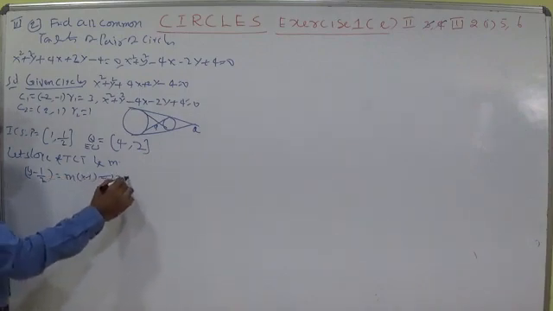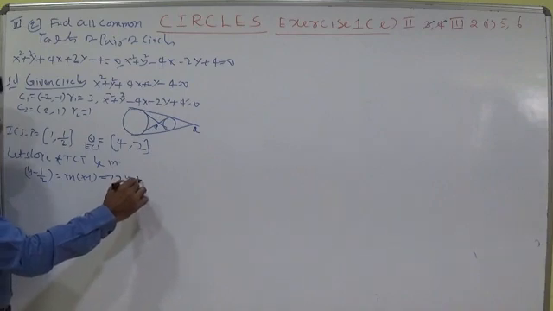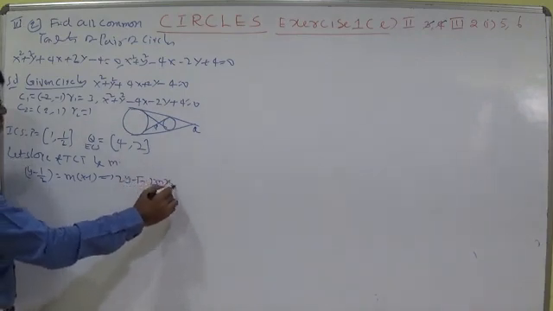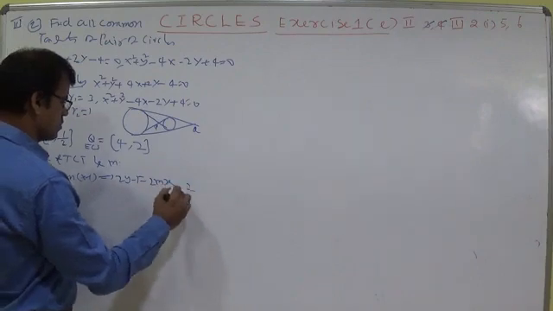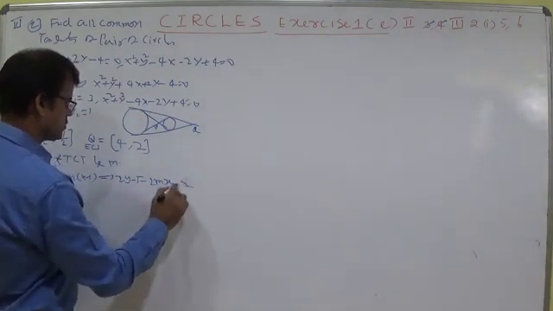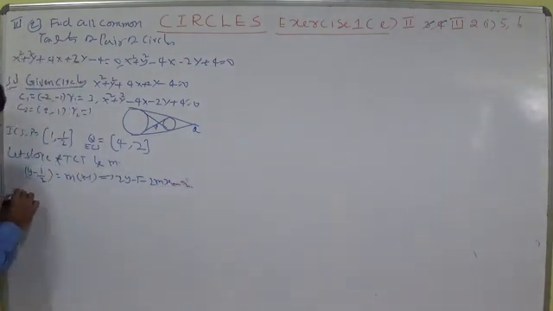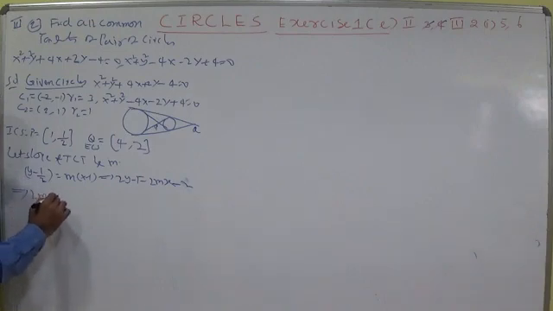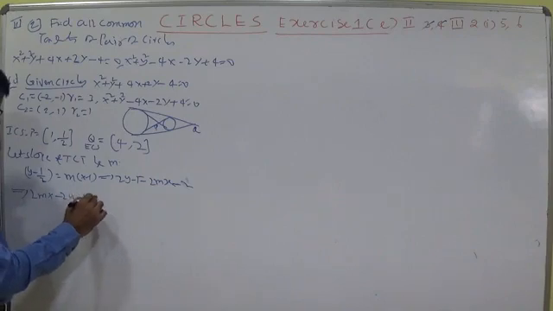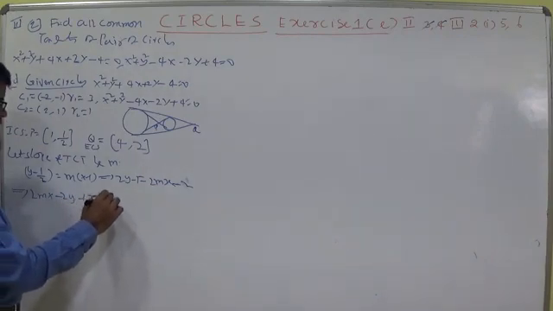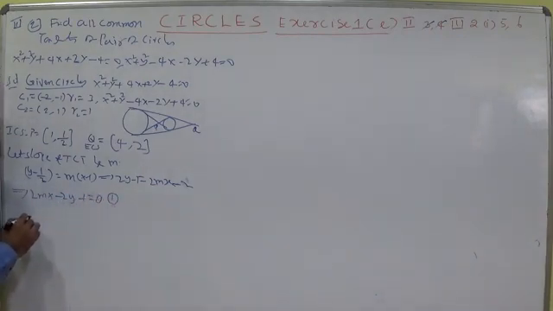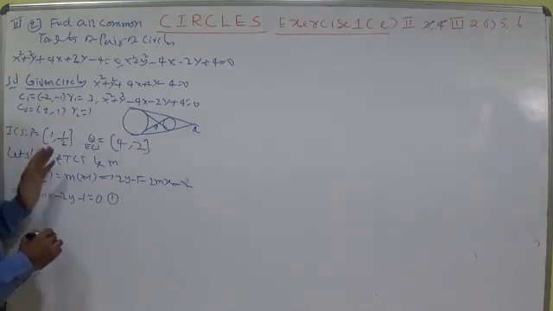So you can write 2y minus 1 is equal to 2mx minus 2m. That implies 2mx minus 2y minus 1 equal to 0. Let this be the first equation.